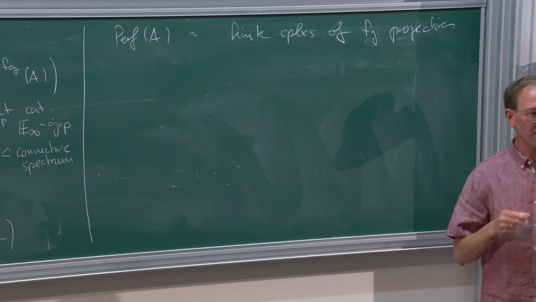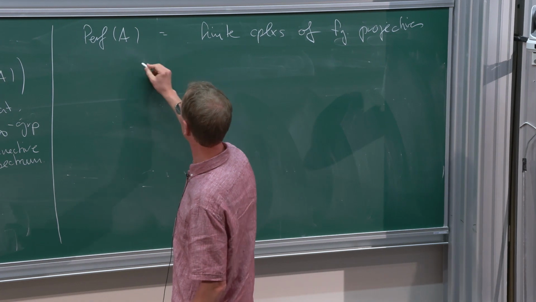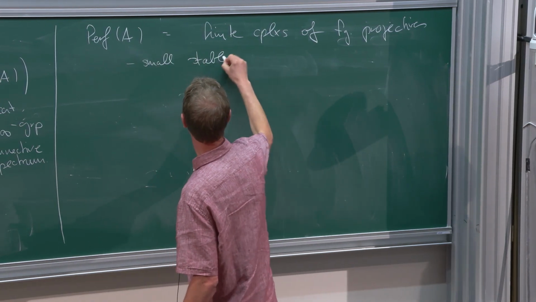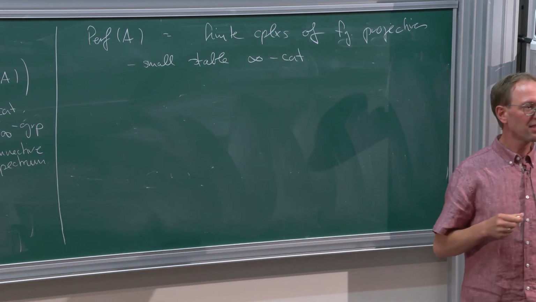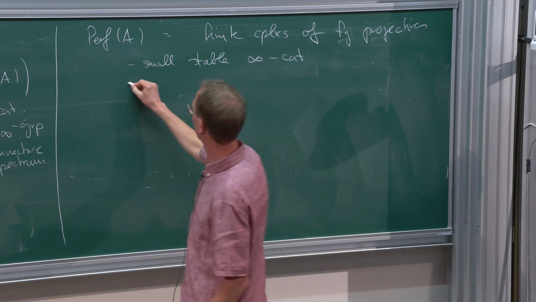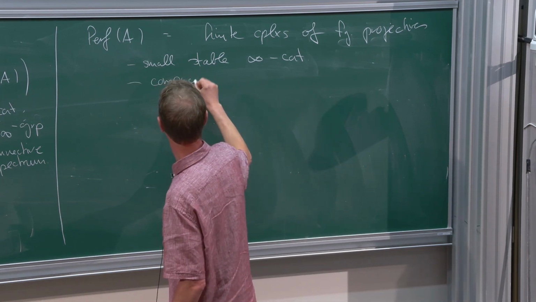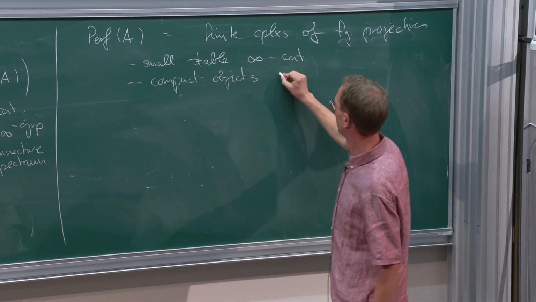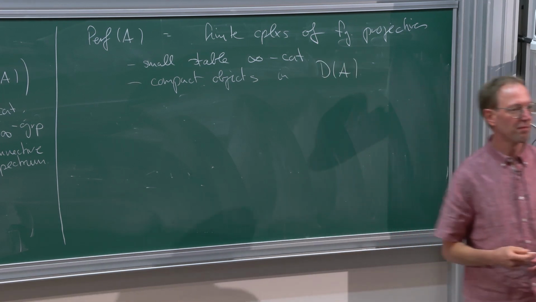Nowadays you can view it as an infinity category, a small stable infinity category. In fact, it's also the same as the compact objects in the infinity derived category of this ring A.